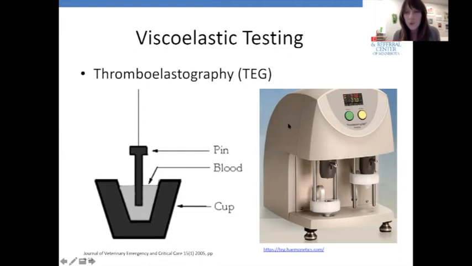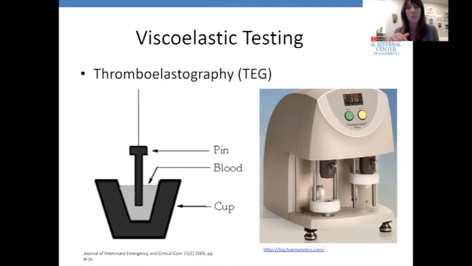Okay, so question number one is, what physical properties does the machine measure to evaluate the clot? Every machine is different, and this one works off of the physics concept of torque in the clot.